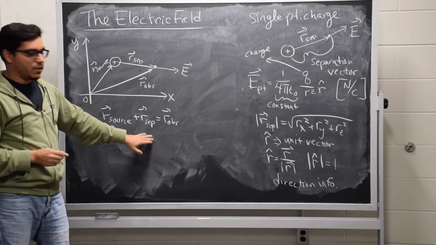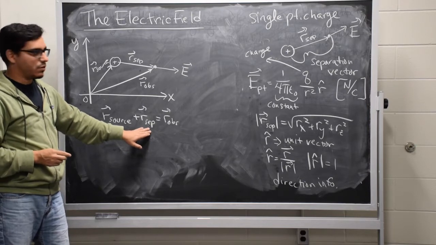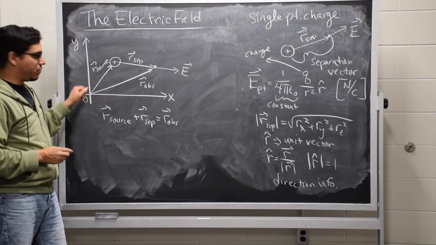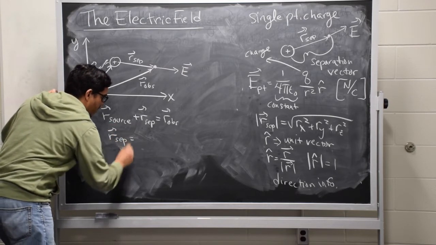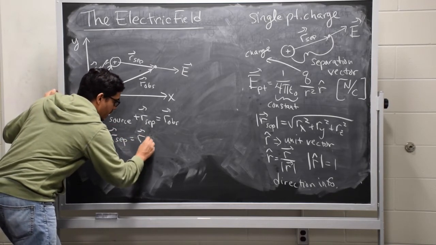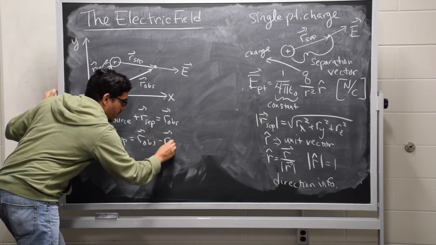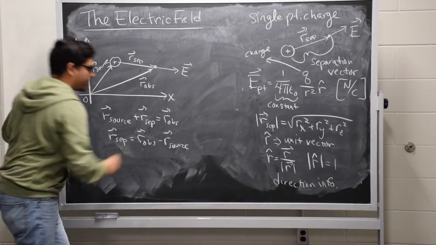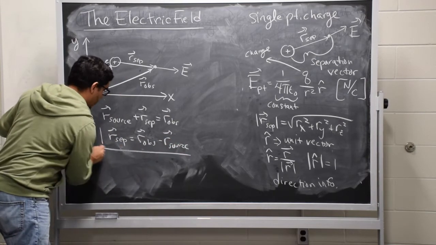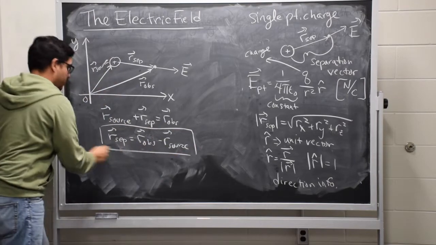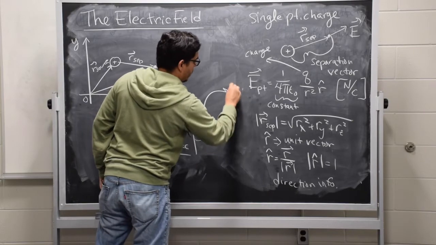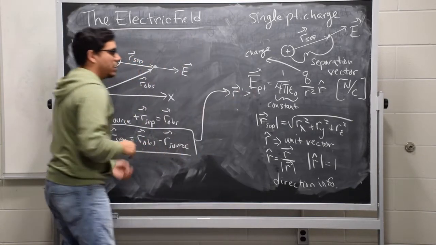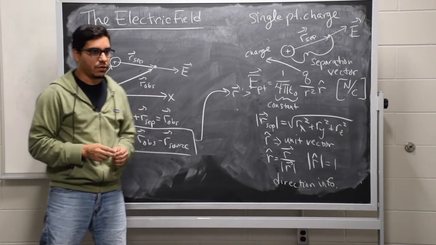And so now we have a definition for the separation vector in terms of things that we have measured with respect to the origin. Namely, that the separation vector that we care about is always going to be the observation location minus the source location. So this guy here is actually the R vector that shows up in this equation through its magnitude and its unit vector.